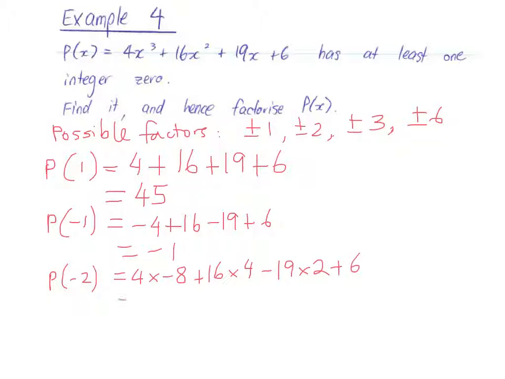And that equals 0, which means then that x plus 2 is a factor of p of x. And that's going to then help us to factorise p of x, if we know x plus 2 is a factor.